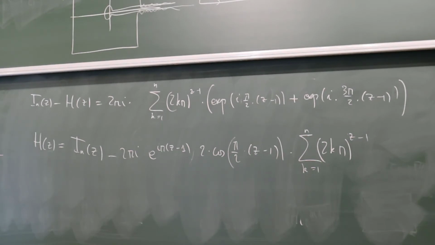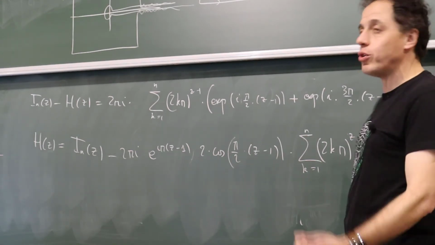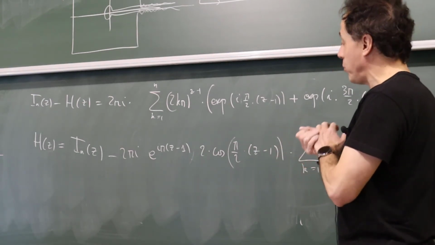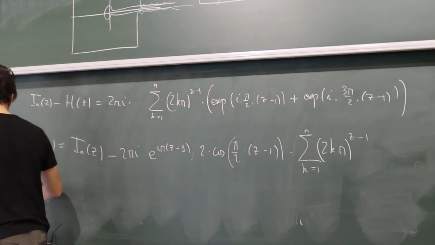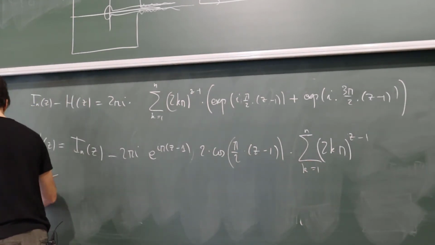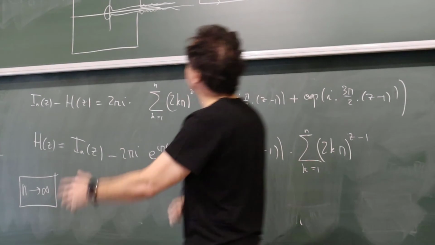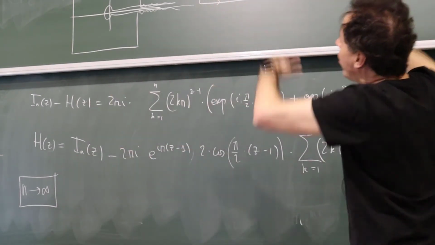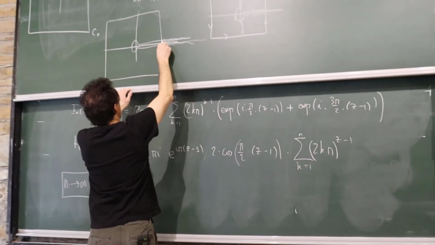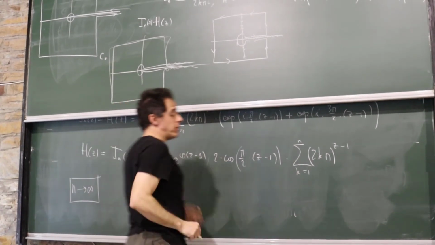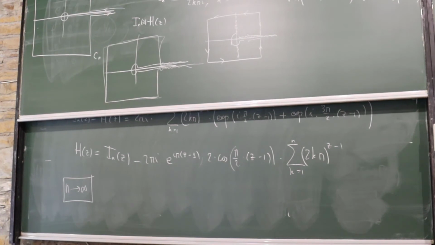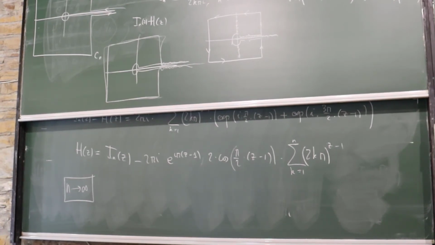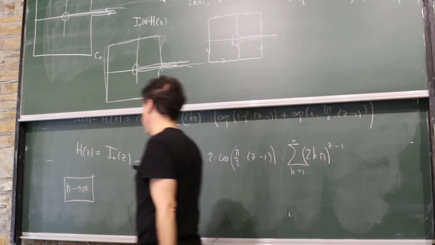Okay. We have this formula. Now, as usual, we can make n tend to infinity. So we have to bound this integral along the border of this big square, and you can do that when the real part of z is smaller than 0.